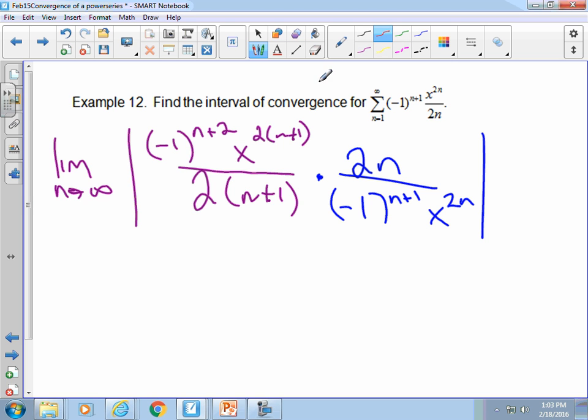What are some things that cancel? By the way, you might want to write this as 2n plus 2. The x to the 2n plus 1 is in parentheses, so you get 2n plus 2. Now what cancels? The 2. Oh, the x to the 2n.